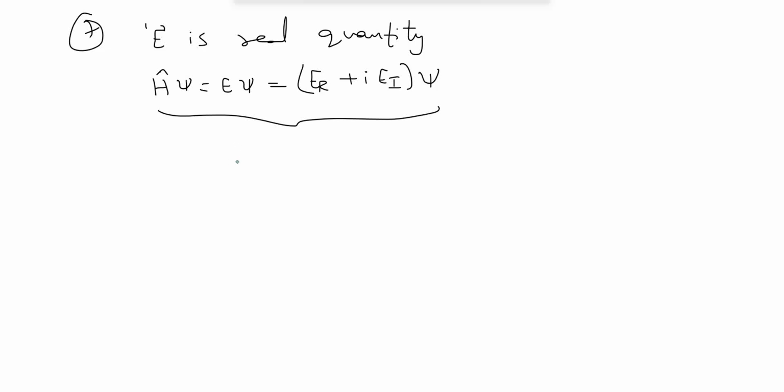We get an exponentially growing term in the solution, in the eigenfunction psi. But whenever there is an exponentially growing term in psi, that will lead to infinity, and it will be non-normalizable.